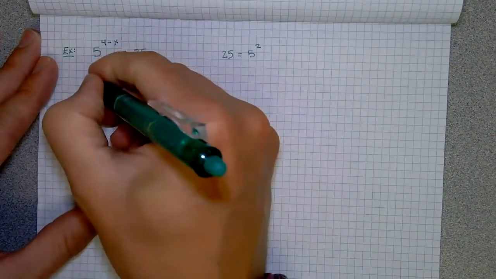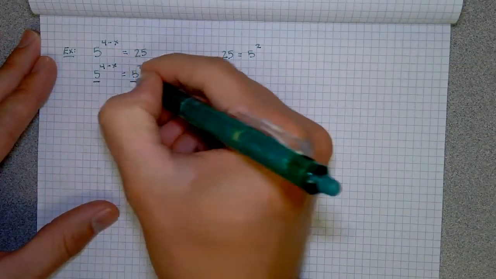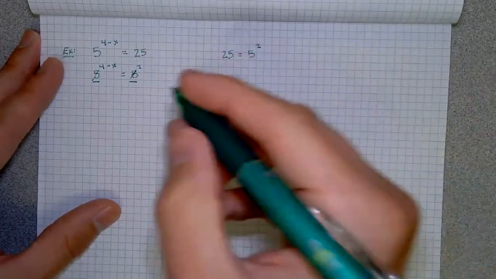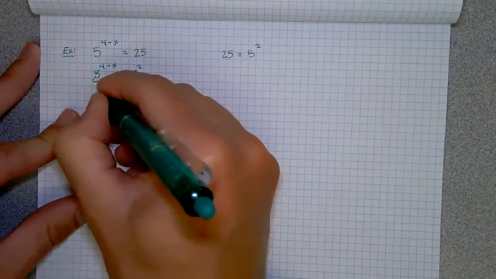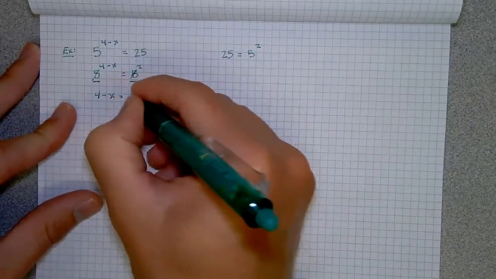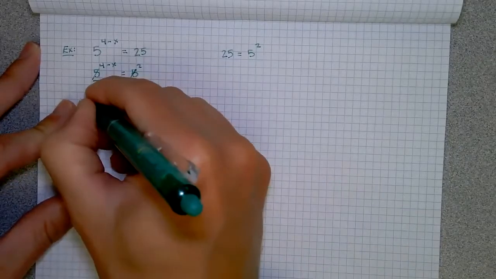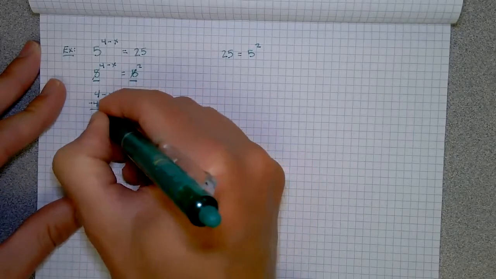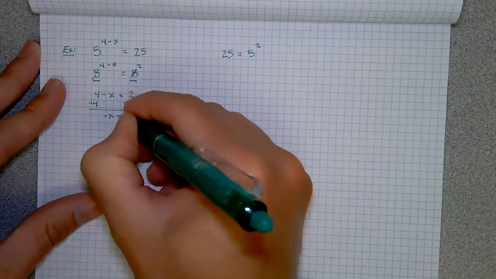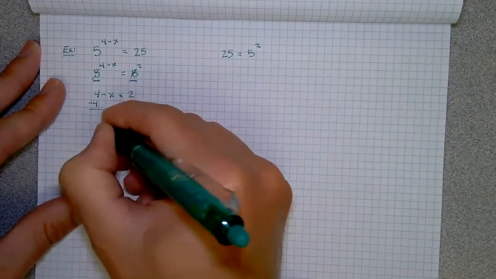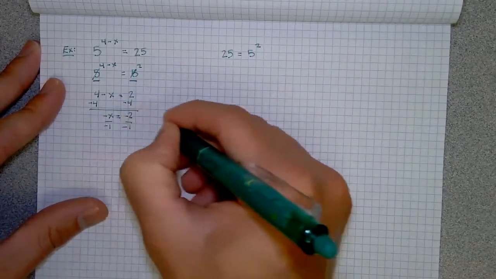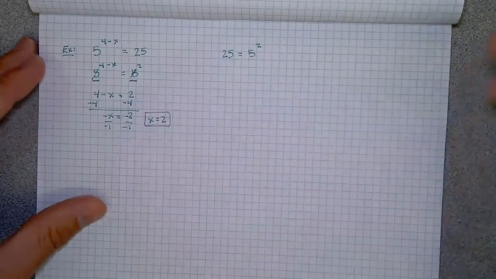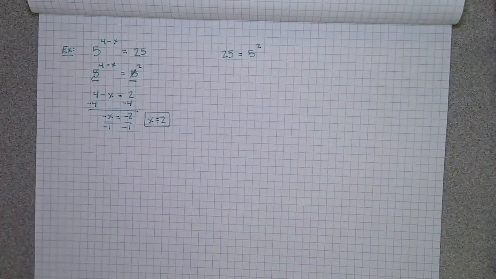Our bases are the same. So essentially, we can cancel out our bases if that helps. So 4 minus x equals 2. So we get negative x equals negative 2. Divide both sides by negative 1. We get an x value of 2.